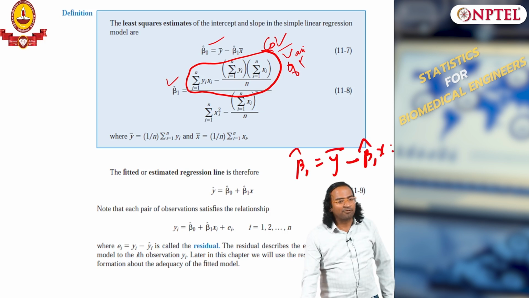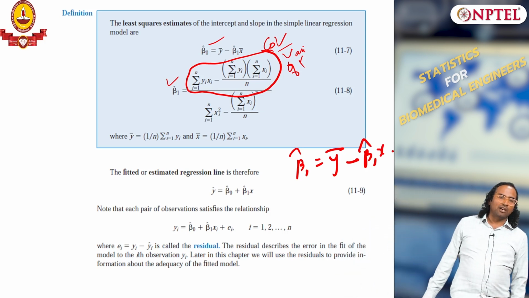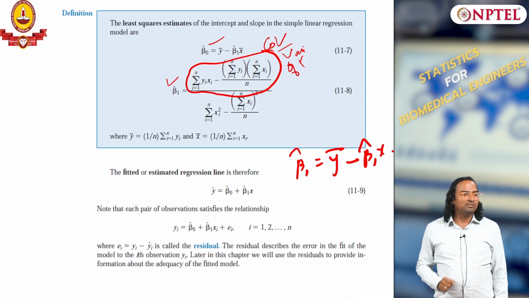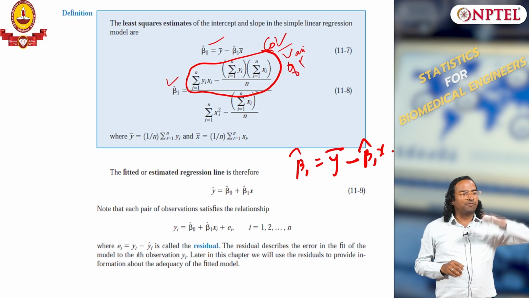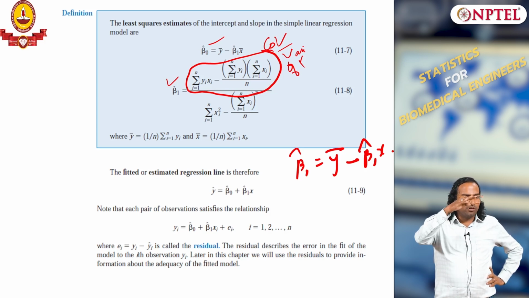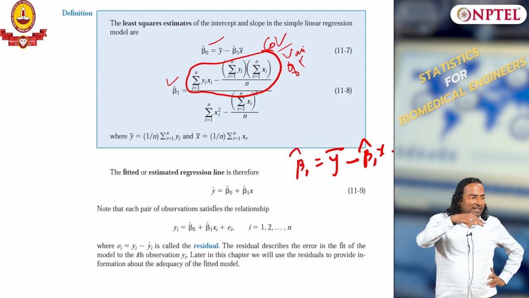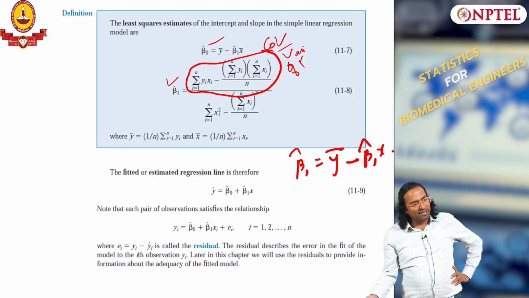It is the difference between the average and what is explained by x. Whatever cannot be explained with regard to the mean is what beta naught is. That is why you call it an intercept, the shift from the mean or the shift from 0, which is what you usually have at a center.